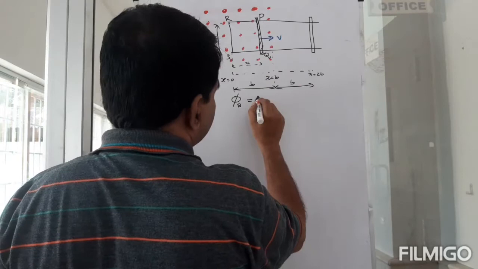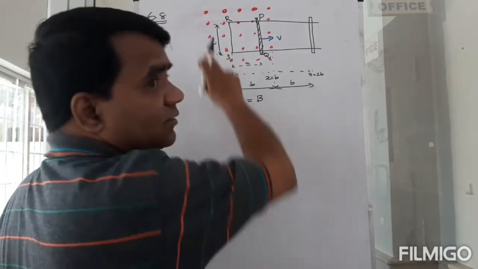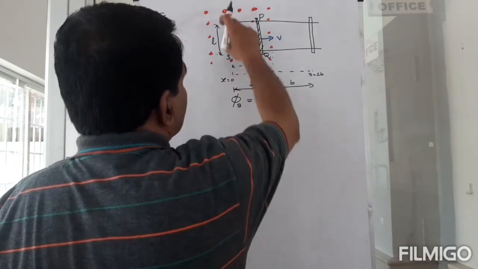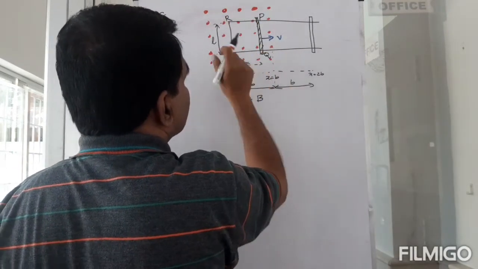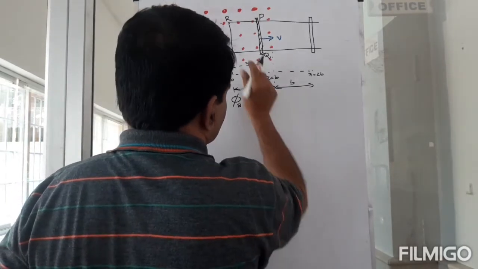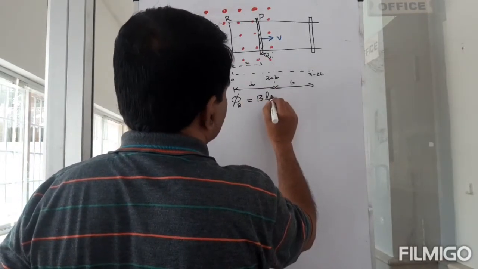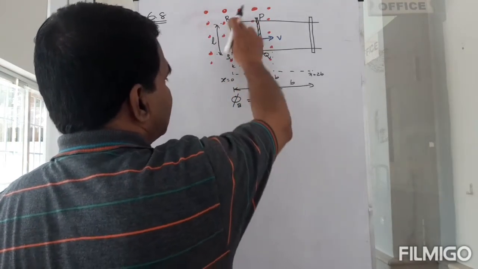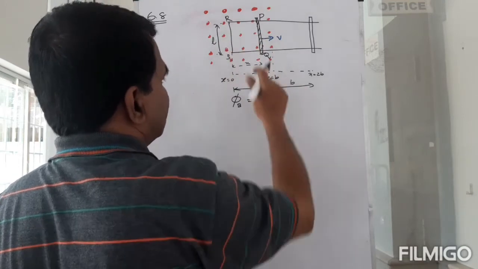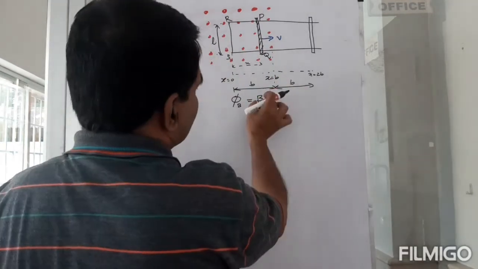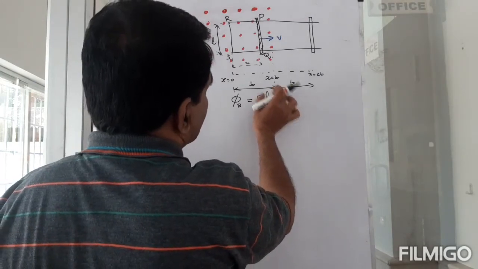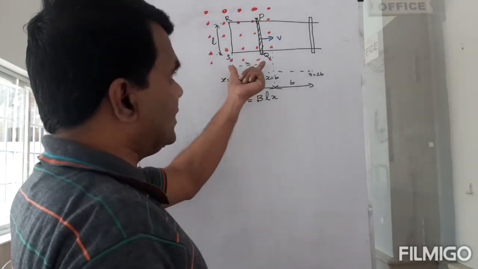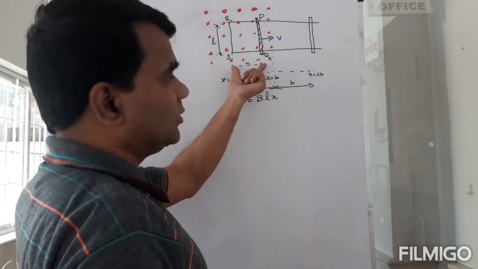If B is the magnetic field strength, L is the length and x is the breadth, then it will be B into L into x, because it's B into A. B is the field we have taken, and Lx is the area of that loop at any distance x from the origin.